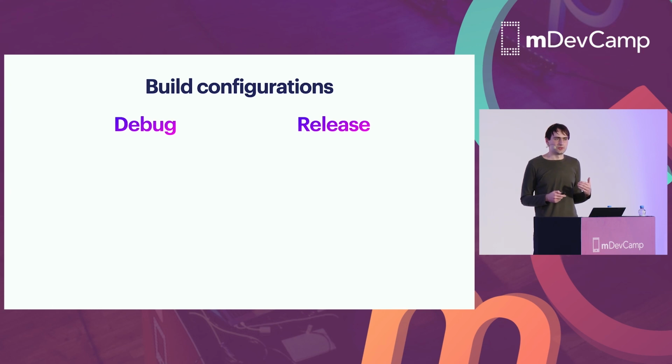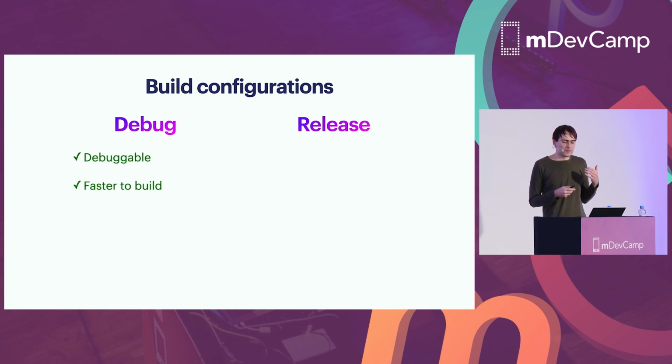Next, we have build configurations. This is a thing that you might be familiar with from Android, but it's not a thing in JVM itself. The idea is that we have some common presets of compiler flags that change how the compiler works. You can actually define your own, but these two are the defaults that you encounter basically everywhere.